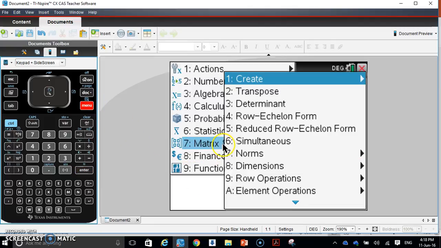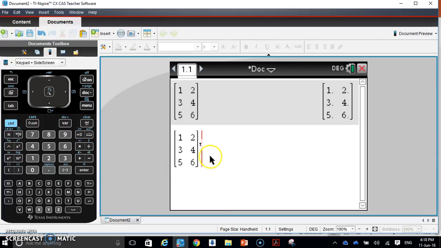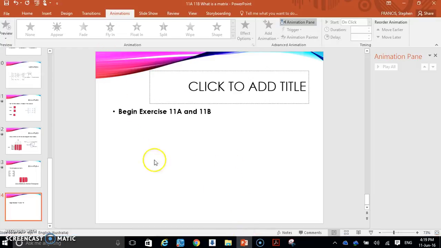Menu, matrix and vector is number 7, number 2 is to transpose, and it raises it to a small t. When I press enter, the transpose of the matrix is just as we've done. You should be able to type matrices in, and you should be able to play around with them. We'll certainly learn how to work with those in a short while.